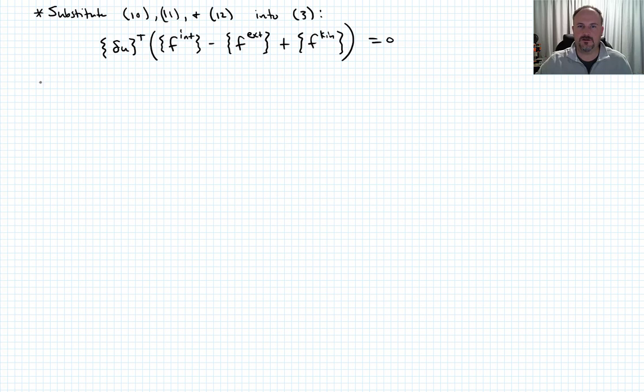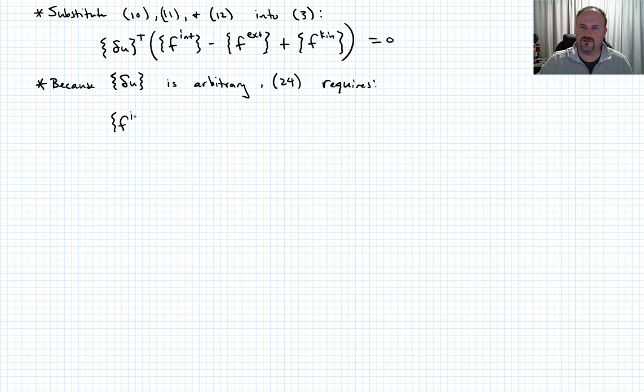So because delta U is arbitrary, equation 24 requires that this parenthesis term is zero. So F internal minus F external plus the kinetic force vector is equal to 0. Call that equation 25.